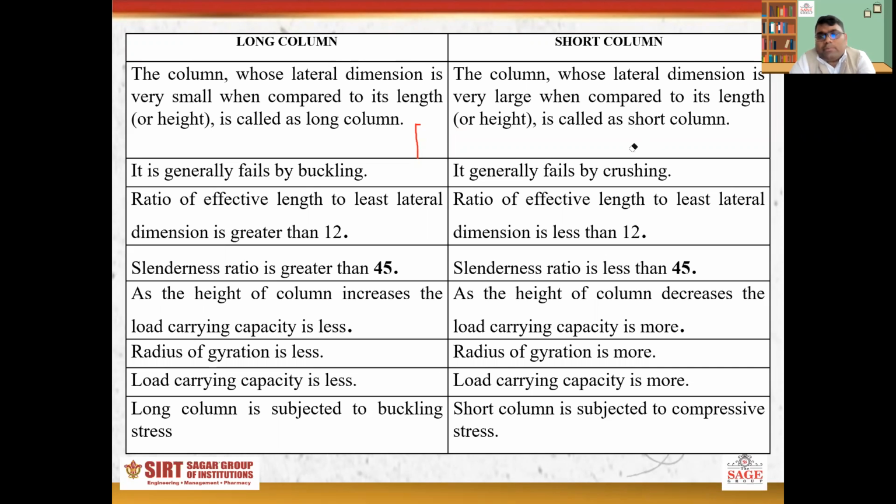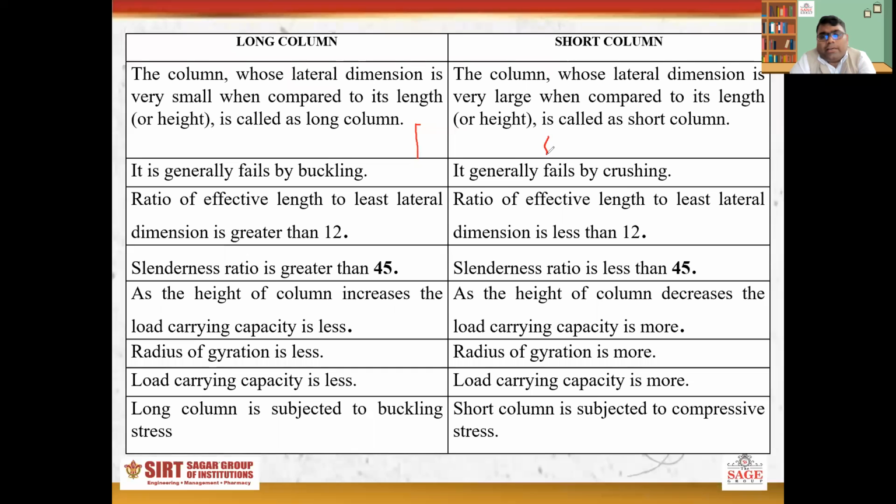And the opposite of that: if the lateral dimension is very large as compared to the length of the column. We can understand with this.